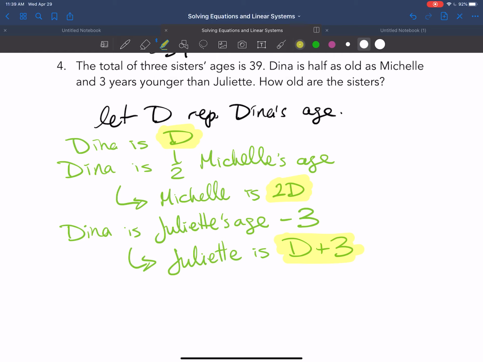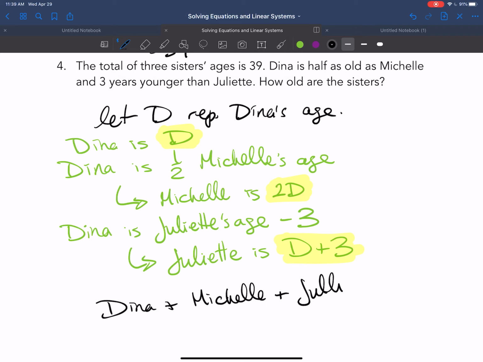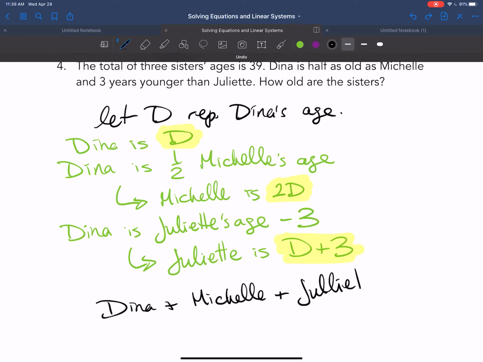If I take all those and put them back together, I know that all of their ages added up is 39. So Dina plus Michelle plus Juliet. Is there 2 L's in Juliet? 1 L in Juliet. Sorry, Juliet. Spelled your name wrong.